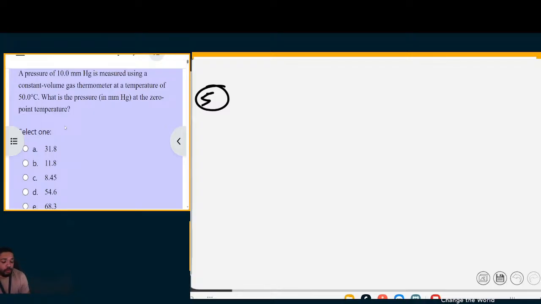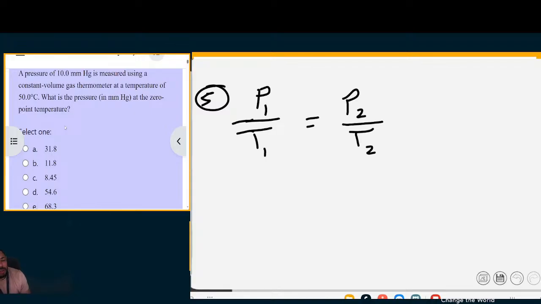A constant volume gas thermometer will use Amontons' law, or as you more commonly know, Gay-Lussac's law, which states that the ratio of the pressure over the temperature at constant volume is equal to the pressure at some later stage divided by the temperature at that stage.